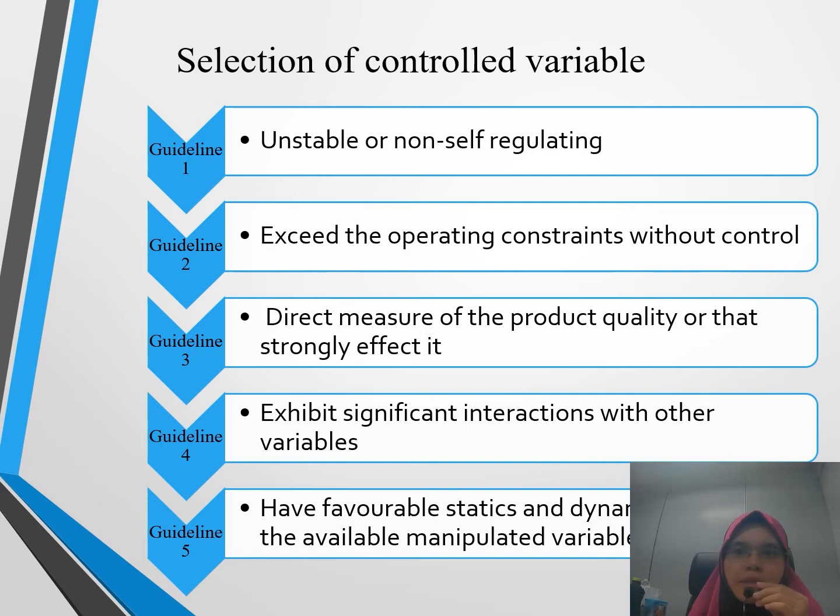Let's say the reactor has to operate at 300 degrees C and 10 bar in order for the reaction to take place. So that is the requirement. And those 2 variables, the temperature and pressure, should be your control variable. Same goes with other equipment.